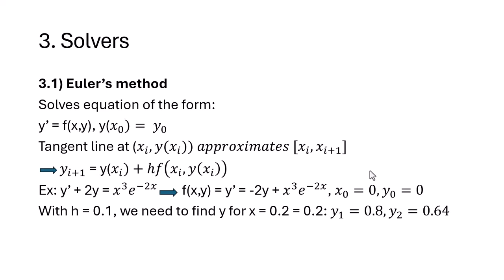So x0 is going to be equal to 0 and y0 equal to 0. Then by applying the formula with h equals 0.1, we need to find y for x equals 0.2. So we have y1 equals 0.8 and y2 equals 0.64. So that's the value of y at x equals 0.2.